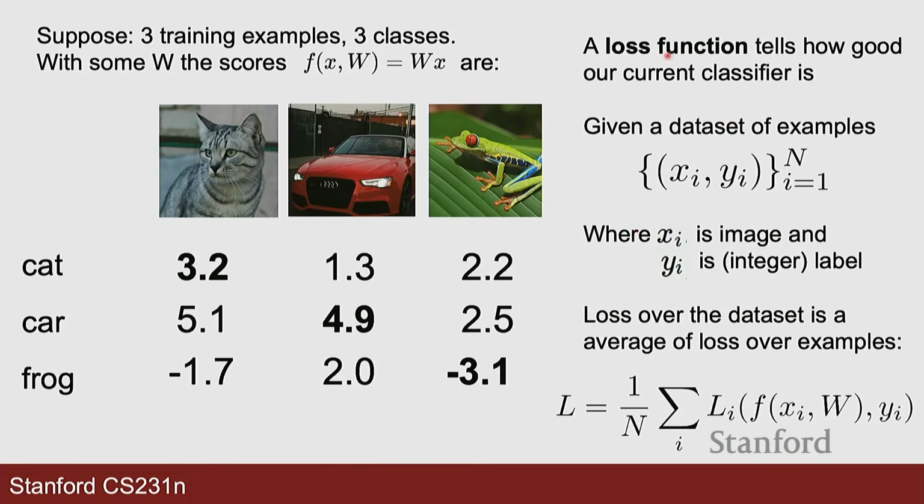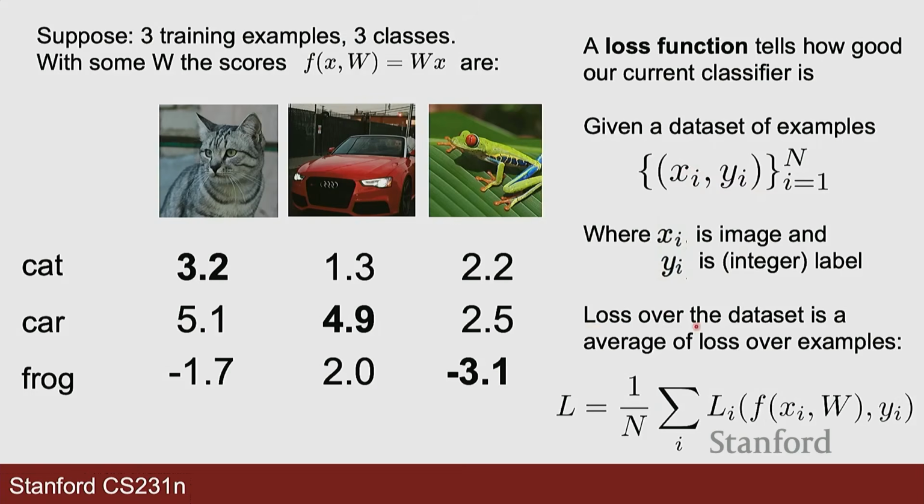But how do we mathematically formalize this intuition? And how do we determine how good a given model is? This is the idea of a loss function, which tells you how good, or specifically how bad, a classifier is. Given a data set of examples, where we're indexing with this letter i, x_i is each of the training examples, y_i is each of the training labels.